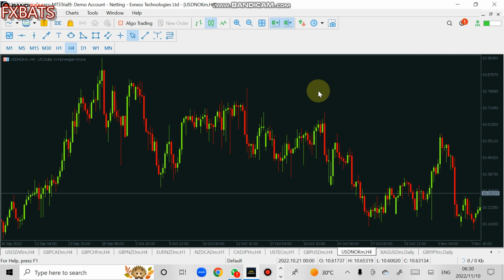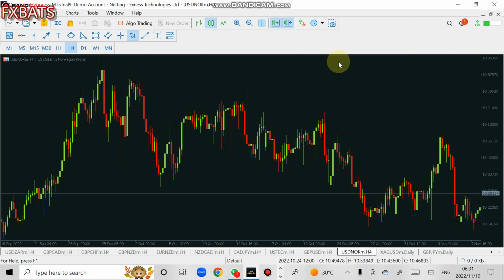Why are most people marking their BMS by the wicks, and why are others marking their BMS by the closure of the candles above or below the key levels? Here, I am going to show you how I mark my valid break of market structure, and my approach is so simple.